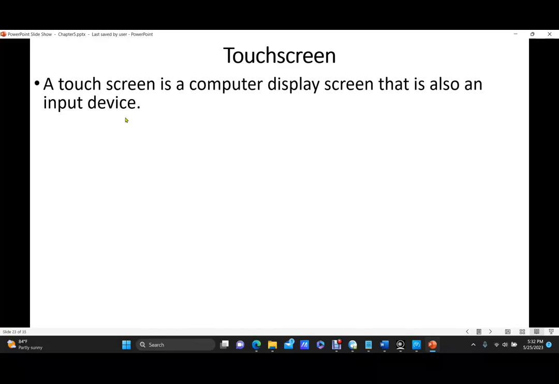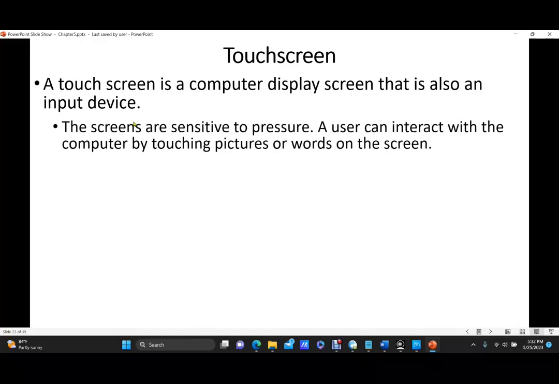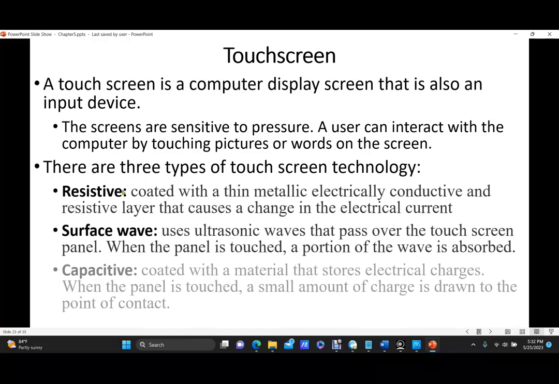A touch screen is a computer display screen that is also an input device sensitive to touch. The screens are sensitive to pressure. A user can interact with the computer by touching pictures, links, or words on the screen.